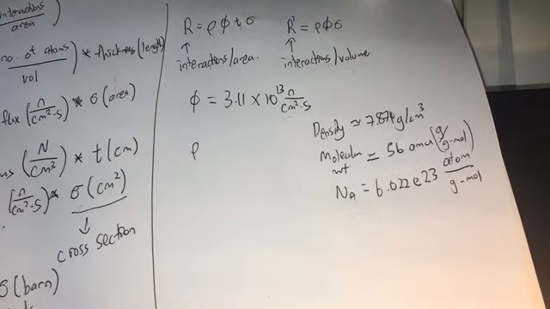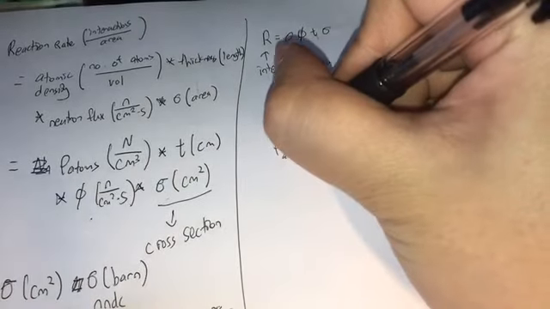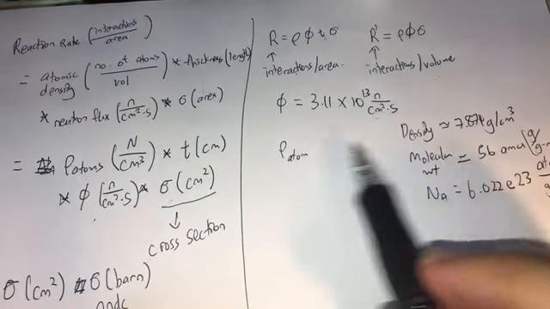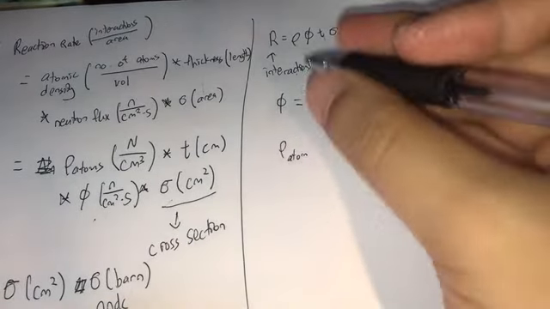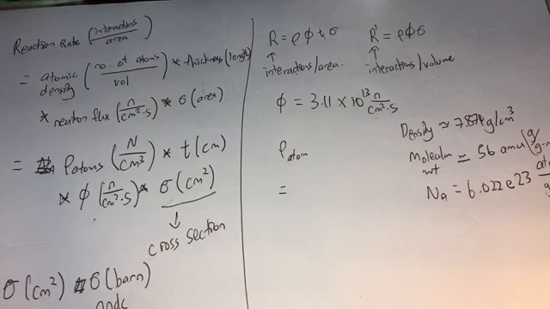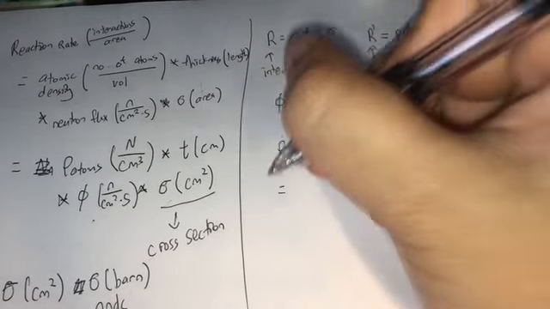Okay, with that we can calculate our atomic density. We put a subscript atom to differentiate between this and density. Sometimes we can also use the letter rho. So how many atoms do we have per cubic centimeter?